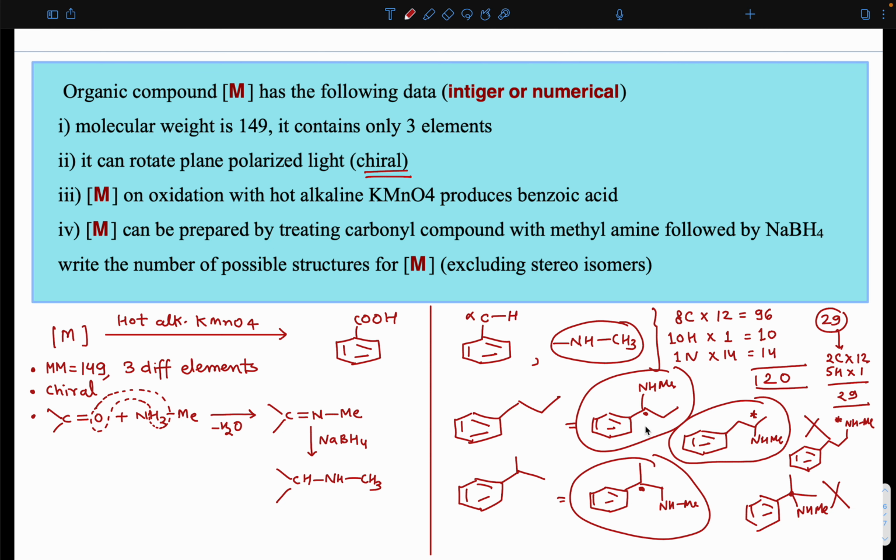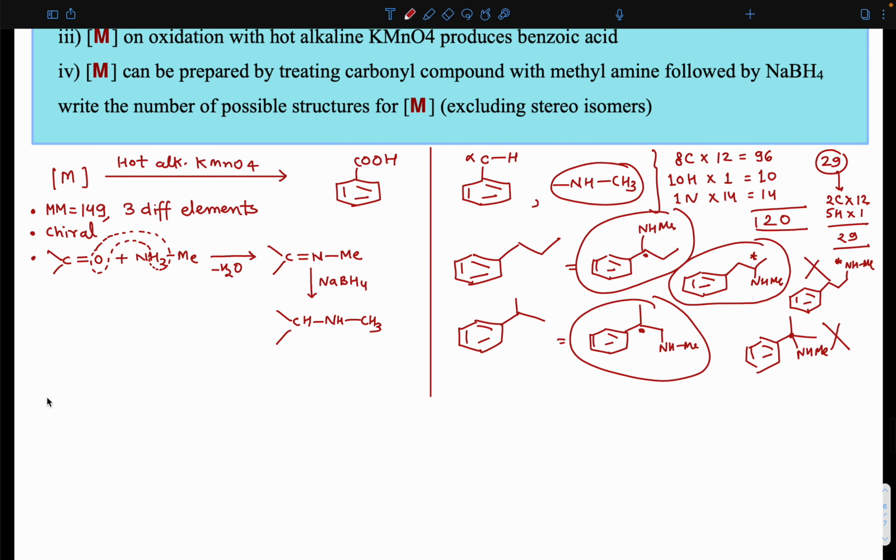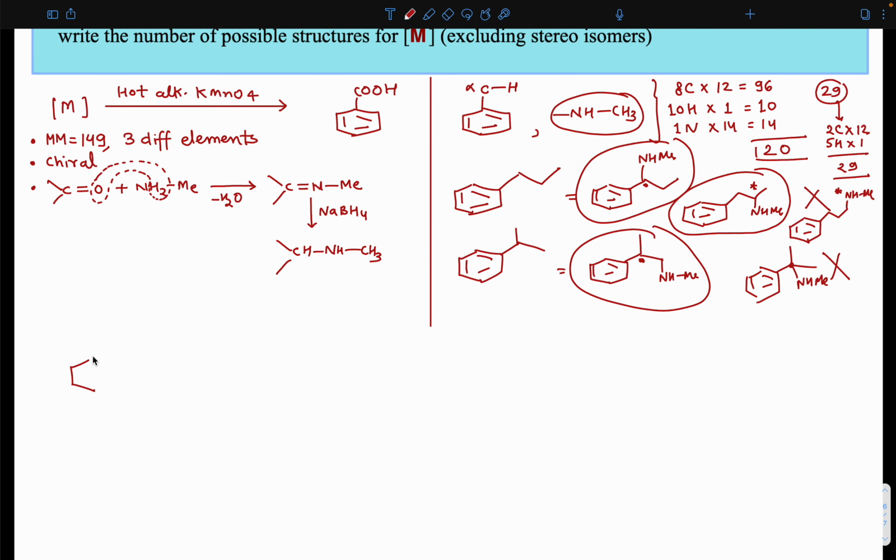Finally we are getting these three structures of compound M, and now we can prove it. The first carbonyl compound should be like this, the second carbonyl compound like this, and the third carbonyl compound like this.